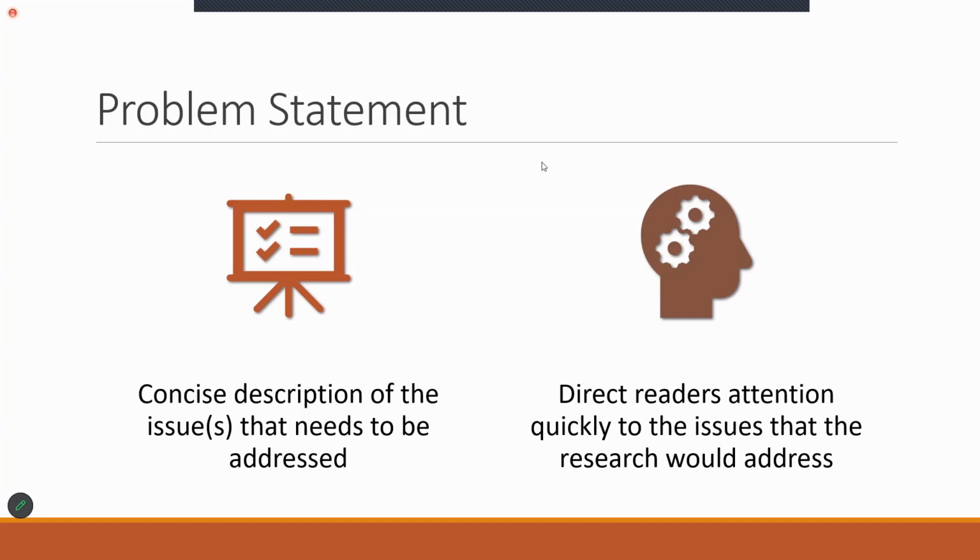By merely going through the problem statement, the reader will be able to understand the problem that we are going to explore. It's going to be a concise description of the research that we are going to do. And as mentioned here, direct readers' attention quickly to the issues that we are going to explore.